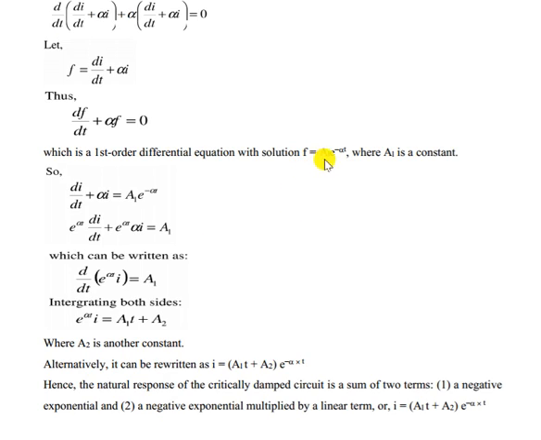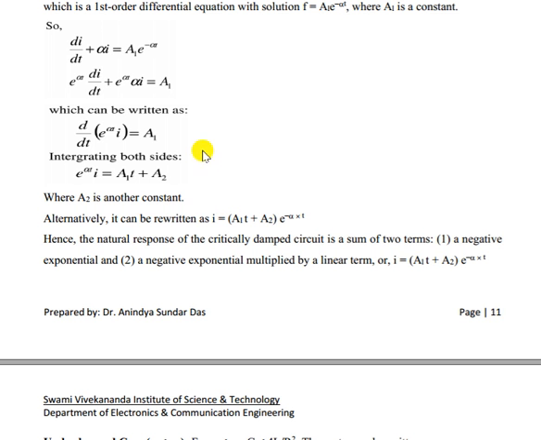Now the solution we can assume as a1 e to the power minus alpha t. So di dt plus alpha i equals a1 e to the power minus alpha t. Then we take e to the power minus alpha t to the left hand side, that means e to the power alpha t di dt plus e to the power alpha t alpha i equals a1. This can be written as d dt of e to the power alpha t i equals a1. If you differentiate this, we get this particular term.